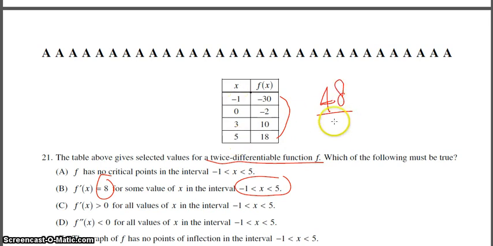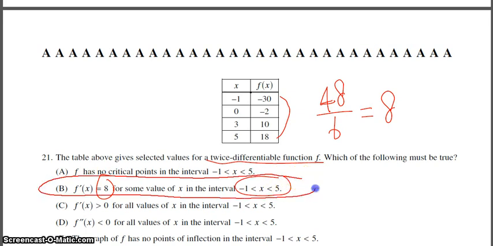And then 5 minus 1, so the change is 4, and the slope is 12... According to the mean value theorem, there must be some value of x in this interval. If the secant line slope is 8, there must be some value in between where the derivative is also 8. So B is the answer.